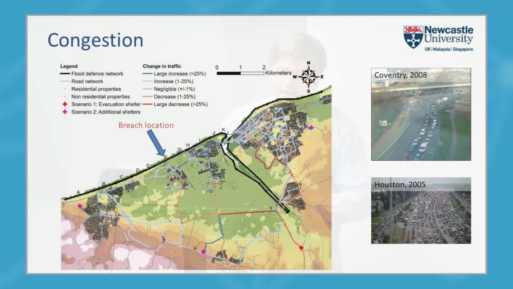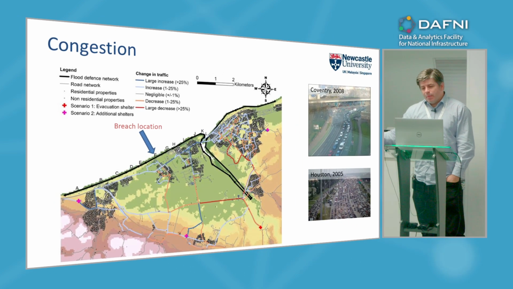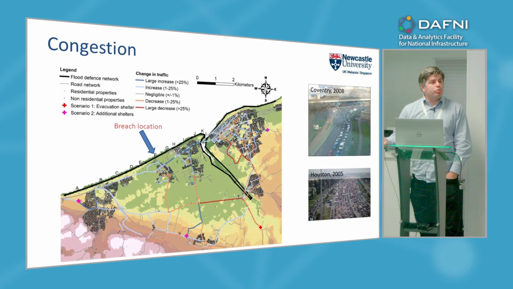We don't have to think very hard to imagine, if everyone's trying to get out of a city or a town, how quickly those roads get congested. In the States, they're much more used to these large-scale evacuations in hurricane-prone cities and, if you like, introduce that contraflow to get more people out faster.